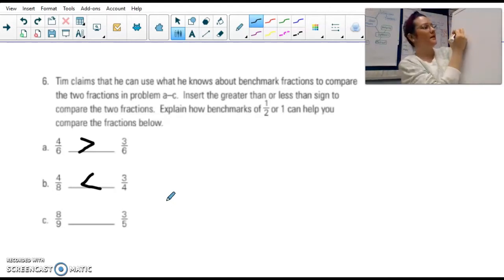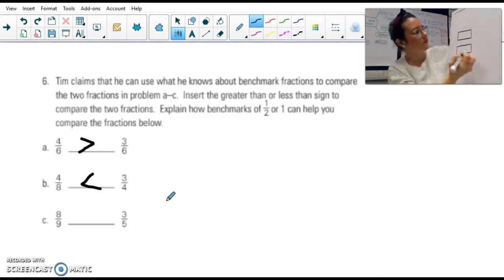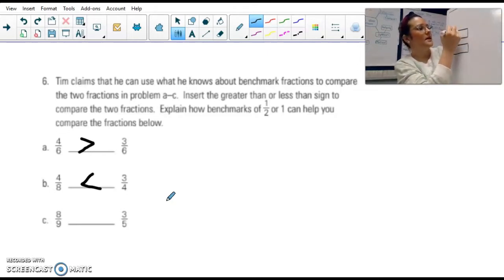So let me see. I'm going to draw my brownies. Make sure I have the same size whole. Okay. And 9ths.